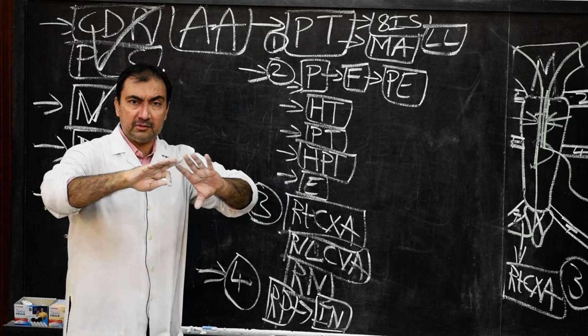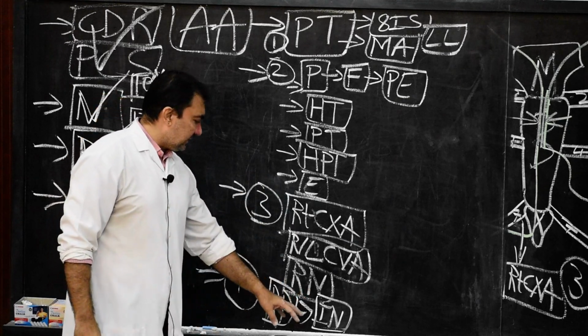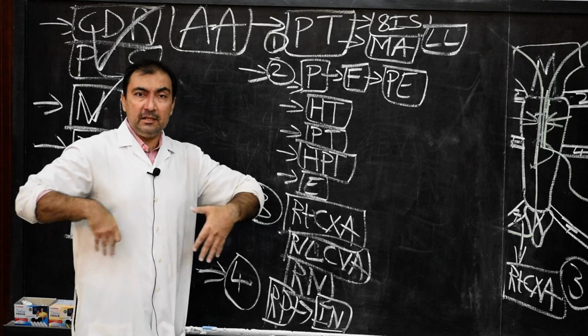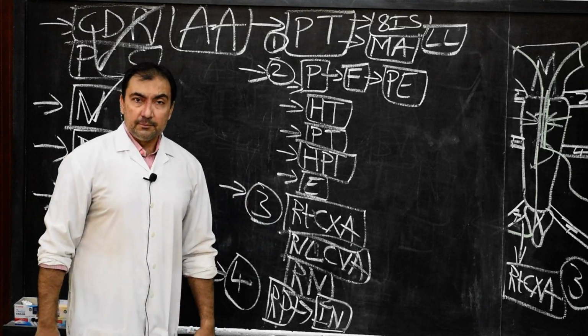And what is the distribution of intercostal nerves? That also we have discussed previously. That is along the thoracic and abdominal body wall.